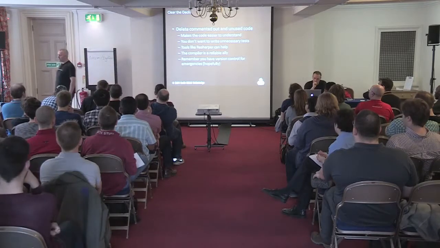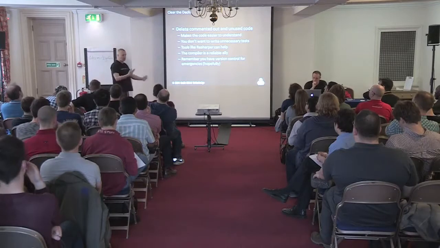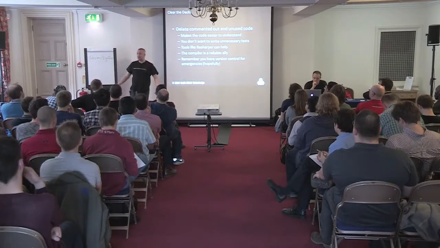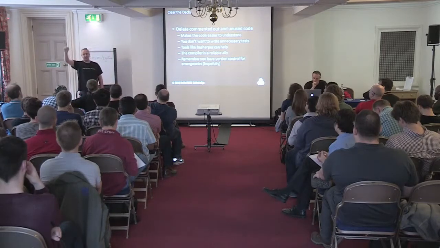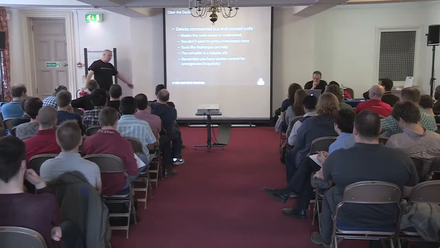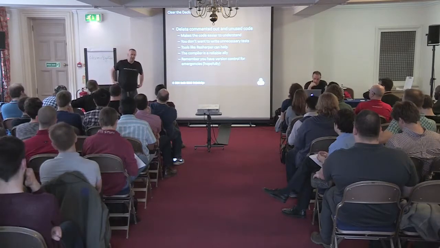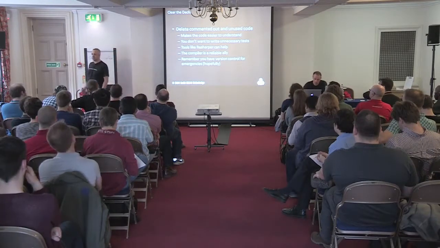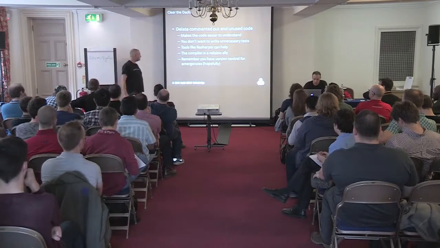So even if you think, this doesn't look like it's being used, I can't see why someone's using this, just delete it and run the compiler. It will generally shout and say, you need this. So remove as much code that isn't in use as you can, because the last thing you want to do is write tests for code that isn't actually required anymore.